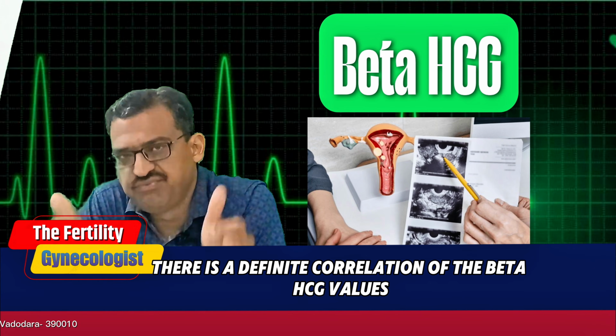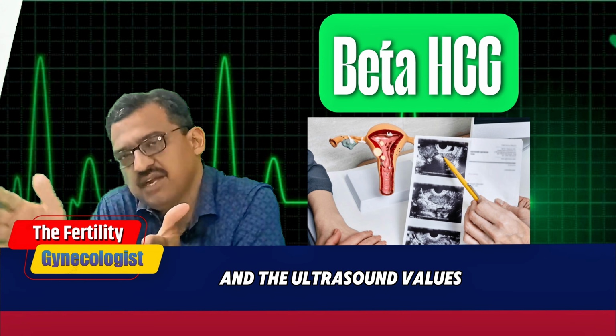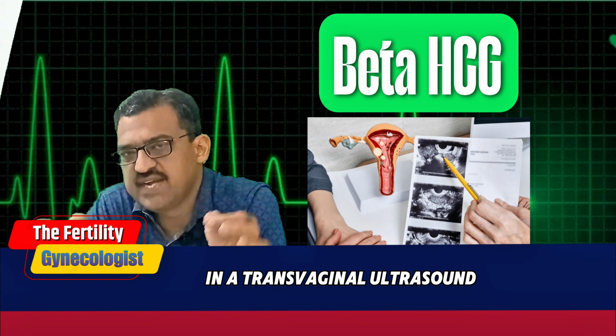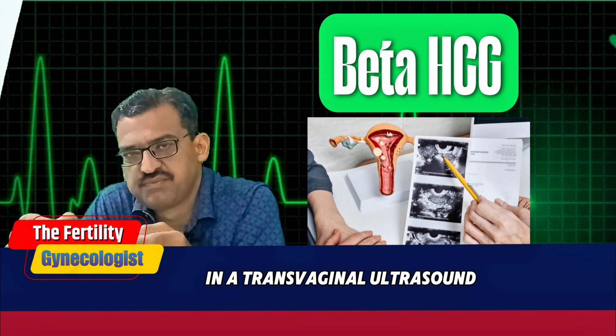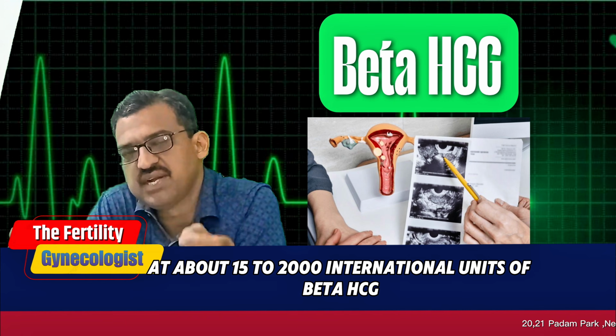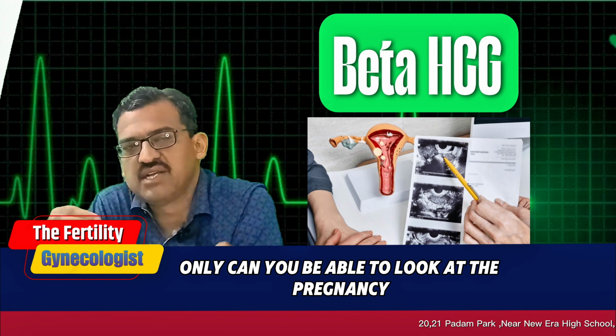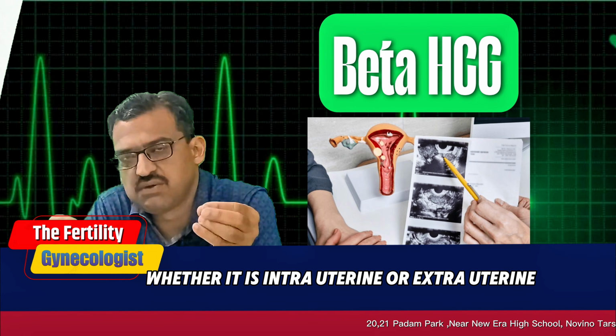So there is a definite correlation between the beta HCG values and the ultrasound findings. In a transvaginal ultrasound, only at about 1500 to 2000 international units of beta HCG will you be able to locate the pregnancy, whether it is intrauterine or extrauterine.